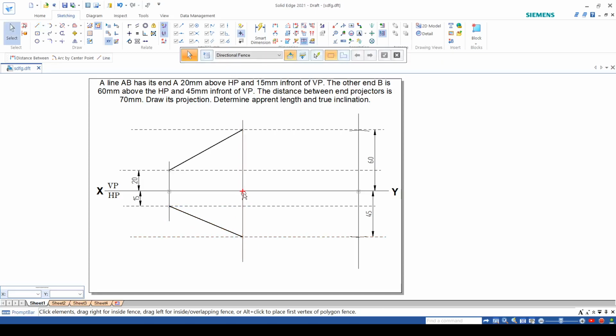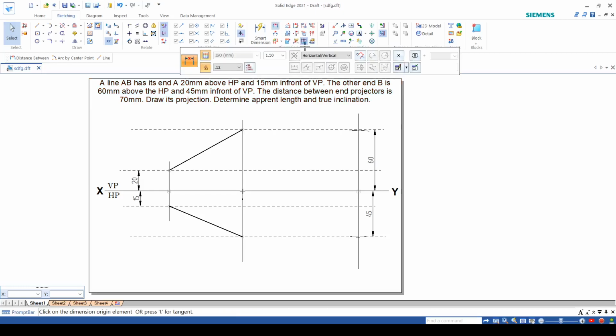Wait a second, let me mark it. Just give the distance as, yes, it's 70. Now we note that these two lines are projections.